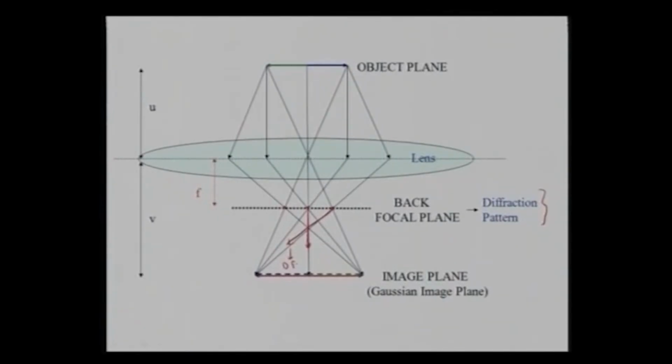Or if I put my aperture at this particular location, which is nothing but a Gaussian image plane, that will eventually form a diffraction pattern. So in transmission electron microscopy, I am capturing the beam which is passing through the material. So my specimen or sample has to be transparent to electrons.